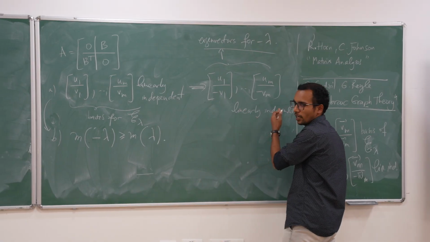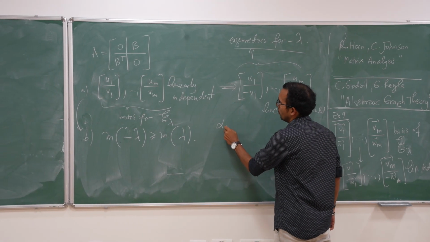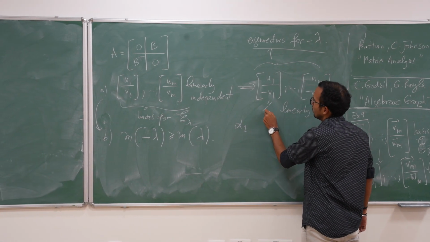So we can assume it as LD, then it would be like alpha 1 and let it as x1.